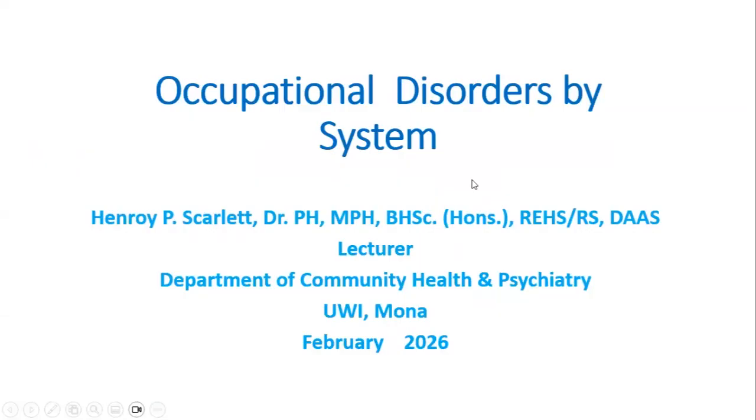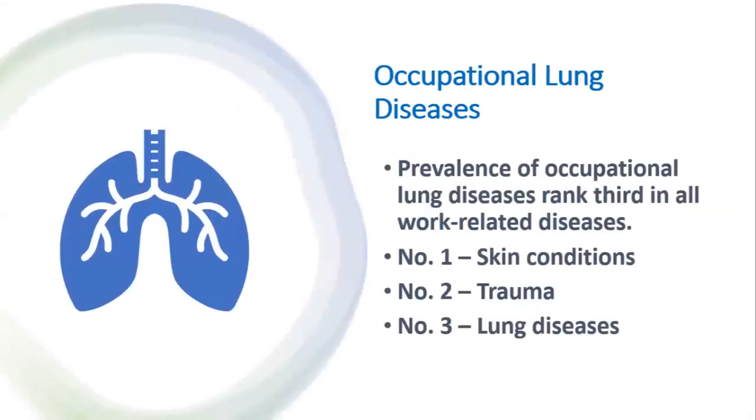Eureka. Okay, so what I want to do for the rest of the afternoon is to look at the different systems of the body and to discuss some of the disorders or diseases that could affect them. We want to start by looking at occupational lung diseases.